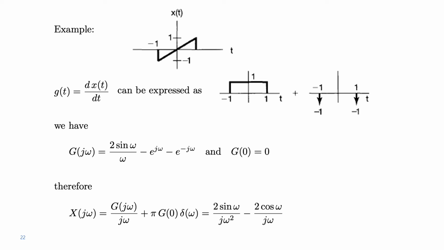And how much is that? Well, it's g of j omega, which is 2 sine omega minus the two exponentials, which can be conveniently written as a cosine, as twice cosine omega, divided by j omega. The second term is 0 because g of 0 in this case is 0.